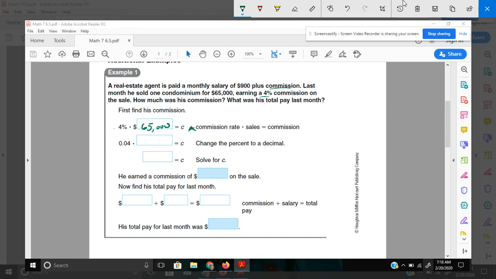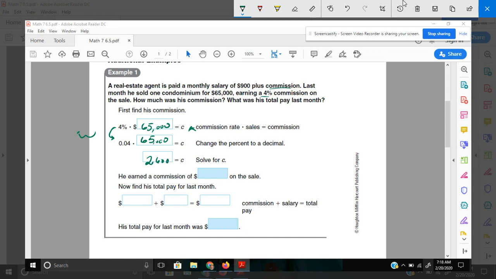Remember, when you go from percent to decimal, move your decimal 2 spots to the left. So 4% gave us 0.04. If we multiply that by 65,000, we will have our commission. Again, it's okay to use a calculator here. So 0.04 times 65,000 will give us 2,600.